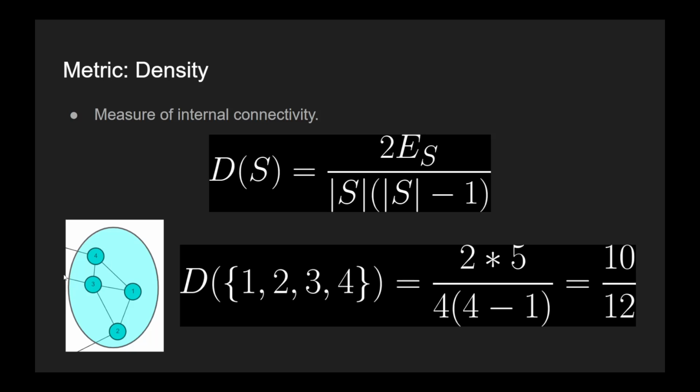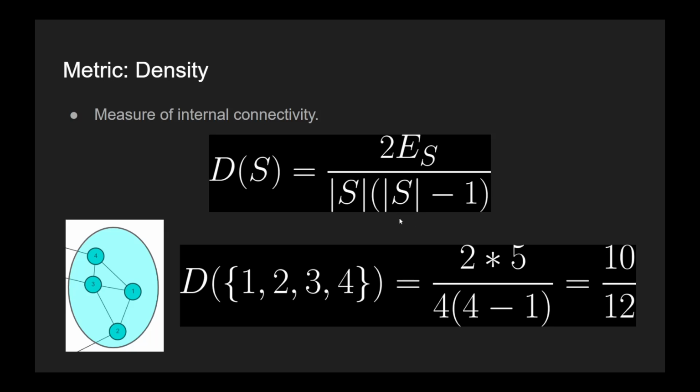So for instance, in this example graph here we have 4 nodes. The total number of edges that could exist between these four nodes in an undirected graph, and here we're always talking about undirected graphs, is 4 choose 2, and that's going to be 4 times 3 divided by 2. So if you look at this equation, the denominator is the 4 times 3.